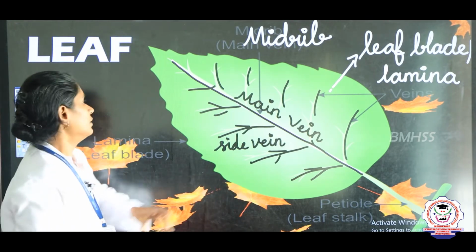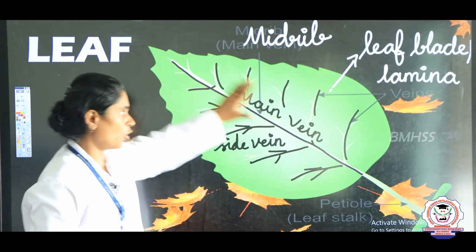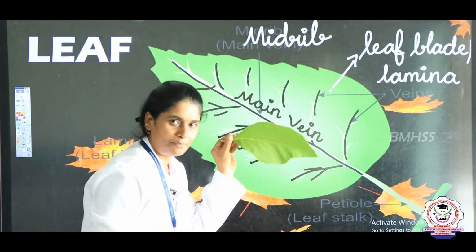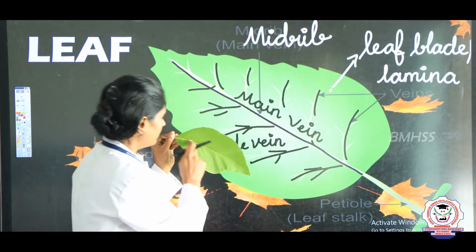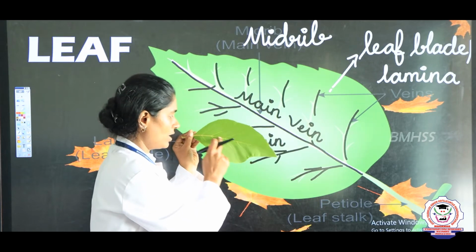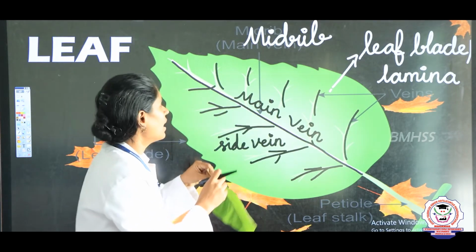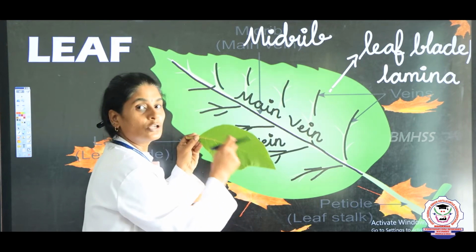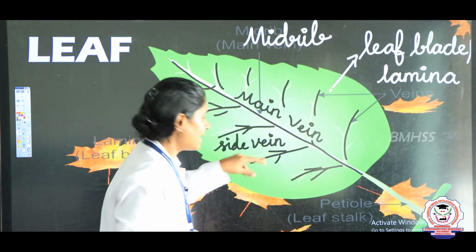So, the broad part of the leaf is known as lamina or leaf blade, and you can see the main vein, also called the midrib, and the side veins. From the main vein many lines go across, and those are known as side veins.